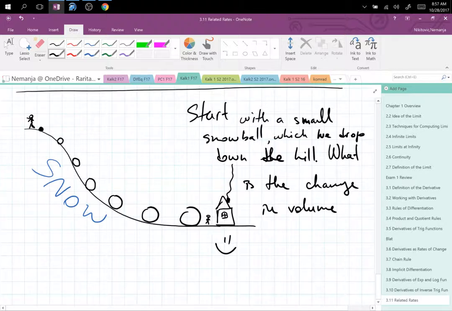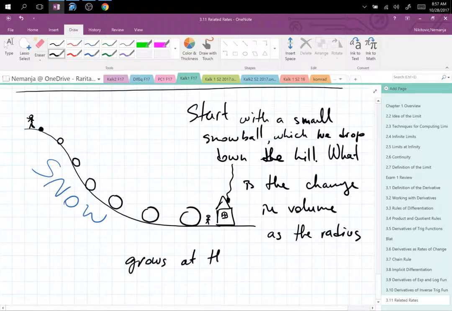So what is the change in volume as the radius grows at the rate of, let's say, I don't know, 10 inches cubed per minute, whatever.